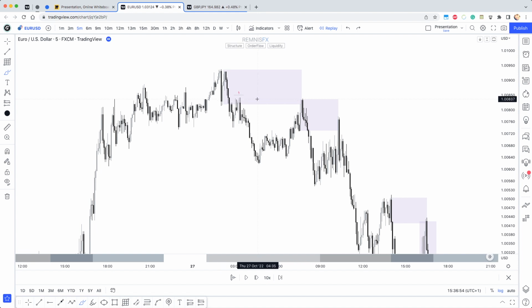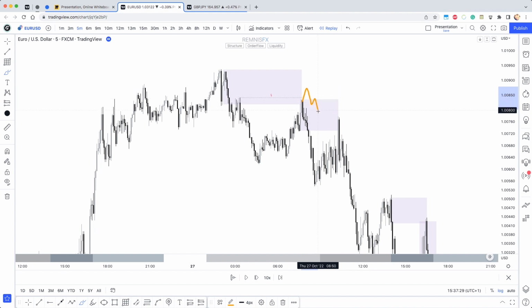So you could have waited until the inducement is taken out, right? And let's see what price did here. I believe this is a very, very narrow BSL. Let's have a look. No, just not the case. Okay, so you could have waited until the inducement of course is taken out, and price perhaps did something like this, right?